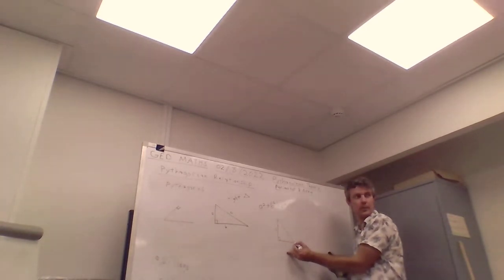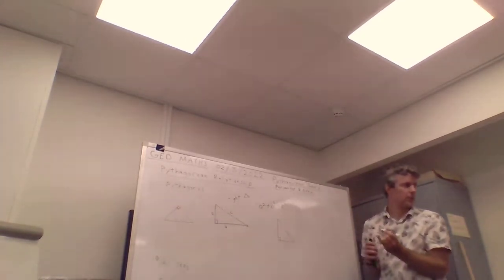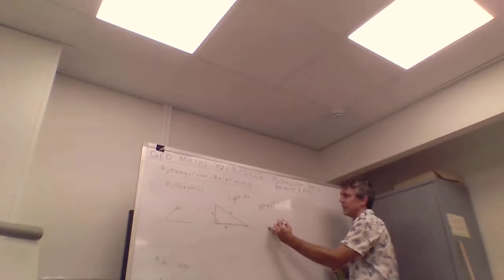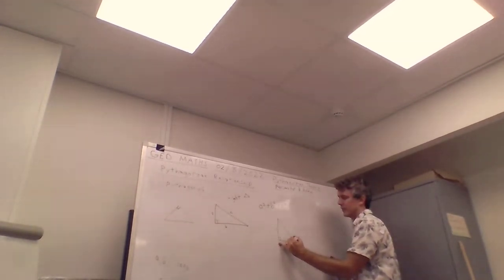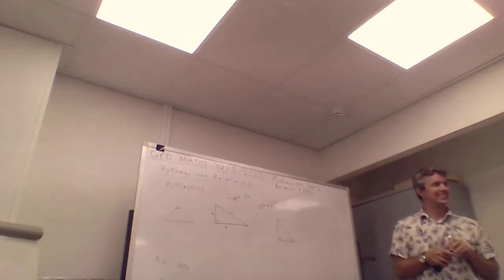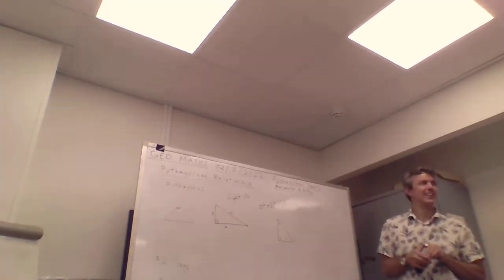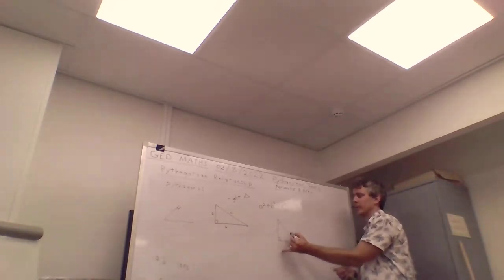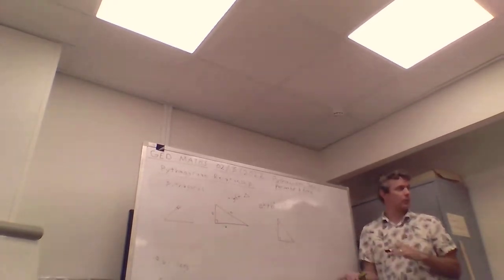Two sides are equal. So it's a right angle, which means immediately I know what these two angles are. 45. Yes, that's right. Because if this is 90, then these two also equal 90, and 90 divided by 2 is 45.